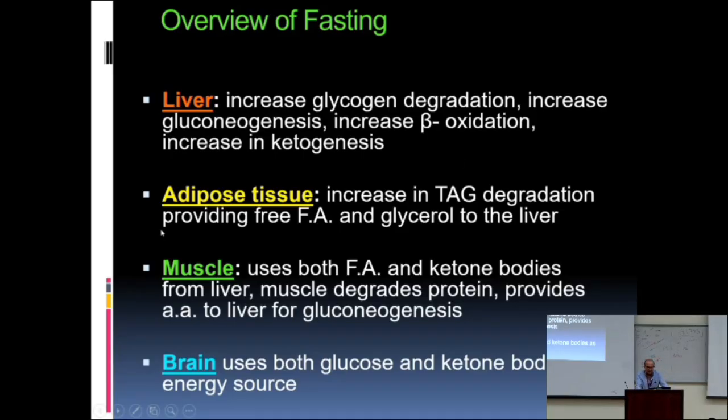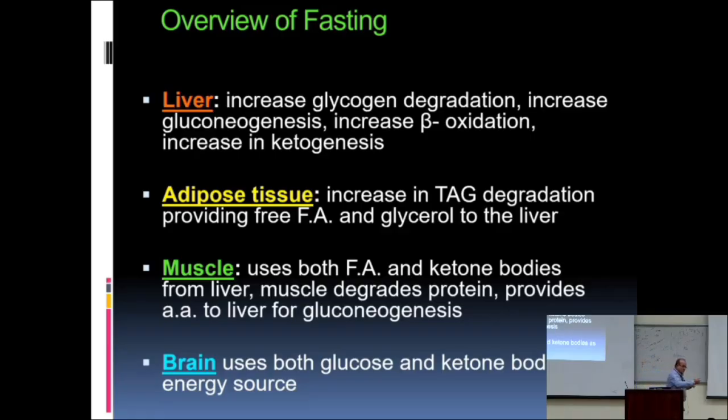To the muscle, remember here, you have no insulin. This is a key point. You have no insulin when you're fasting. You have glucagon and/or epinephrine. So the muscle uptake of glucose decreases. It's no longer picking up glucose because of the absence of insulin.